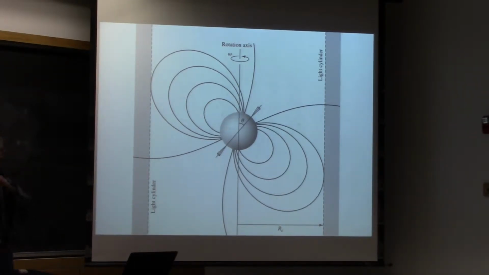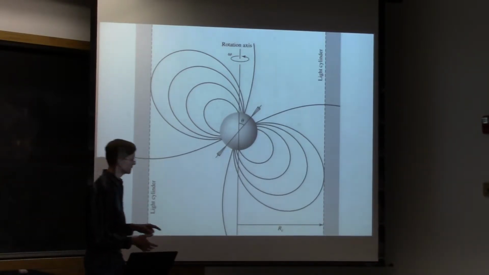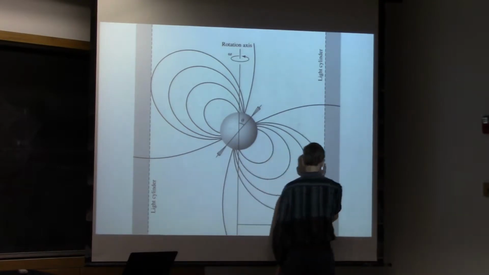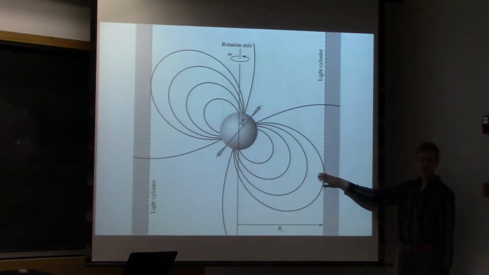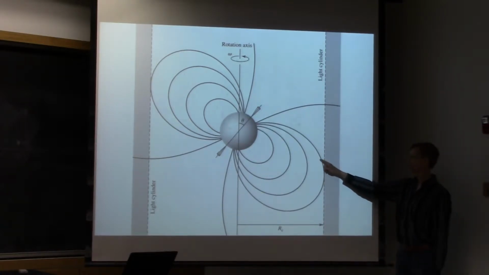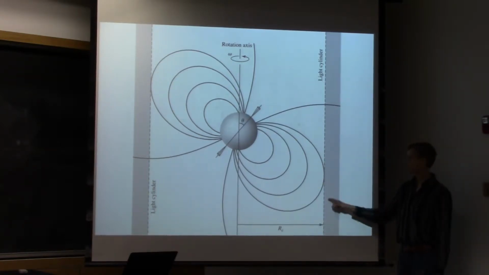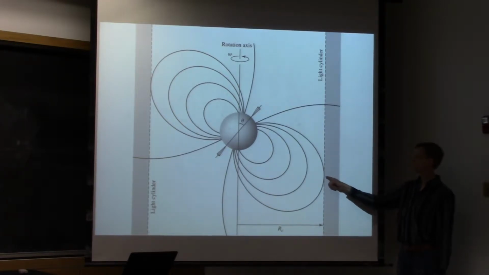Neutron stars spin very rapidly, so there will be a radius beyond which the magnetic pattern, like a particle spiraling around the magnetic field line here, if you're out past a certain radius, this pattern locally would be moving faster than the speed of light. That's what it comes down to, right?